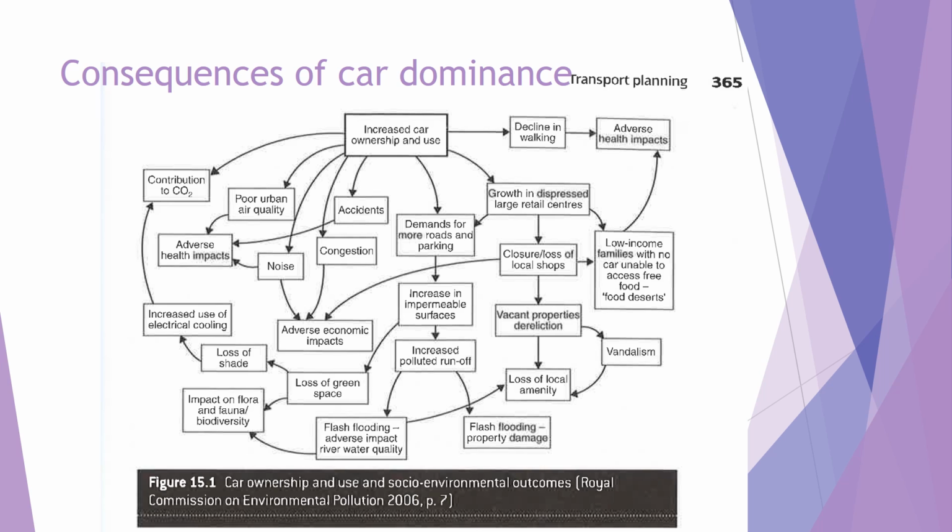So you see increased car use means a decline in walking, whether that's to the bus or to some other transport mode. And this is why the Heart Foundation has weighed in quite heavily around transport planning, because of the adverse health impacts.